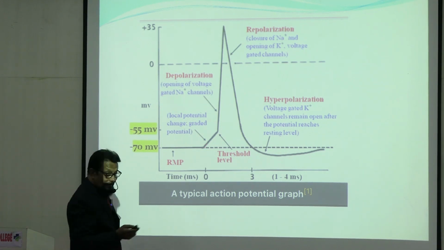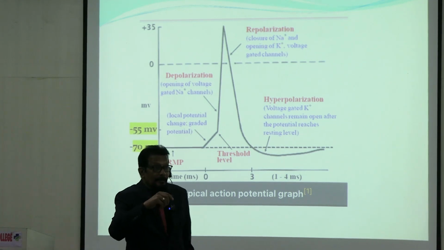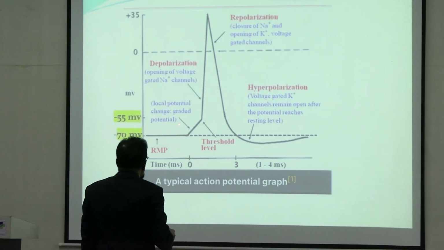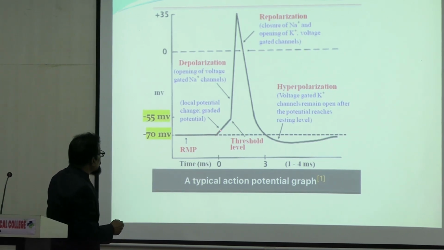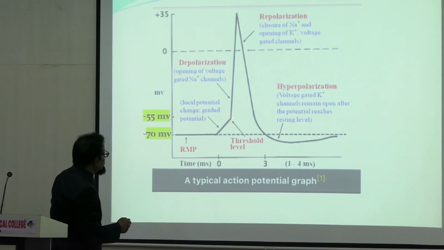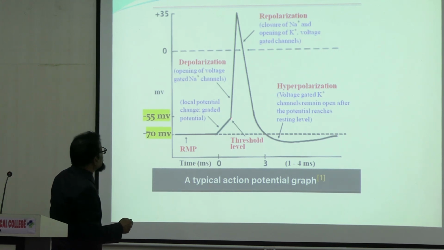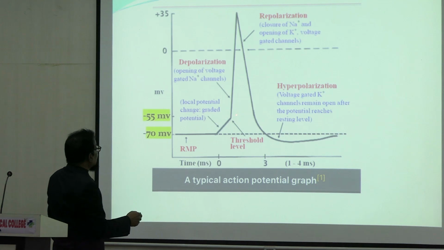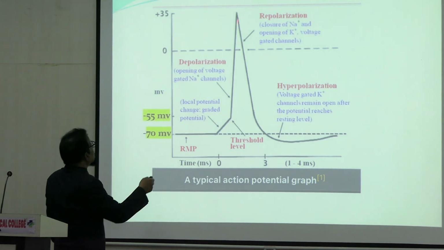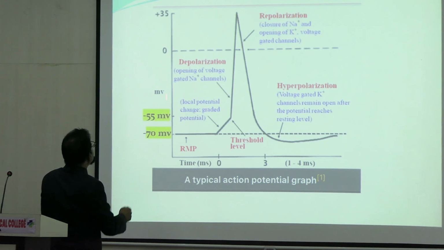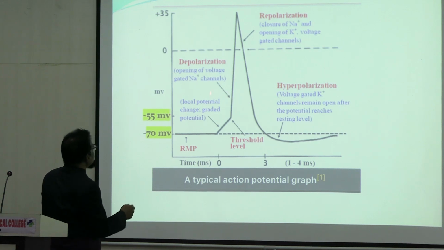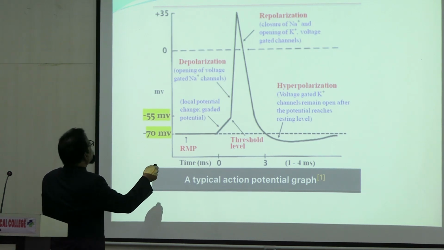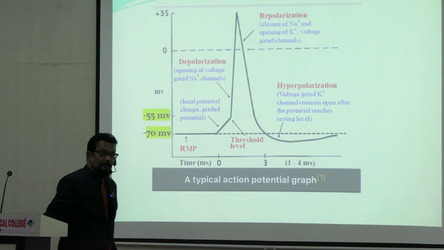So here there will be a graded response. First there will be a graded response. When this graded response reaches minus 55, the threshold level, suddenly there is a rapid change in membrane potential towards positivity. This part is called depolarization, from here to here.